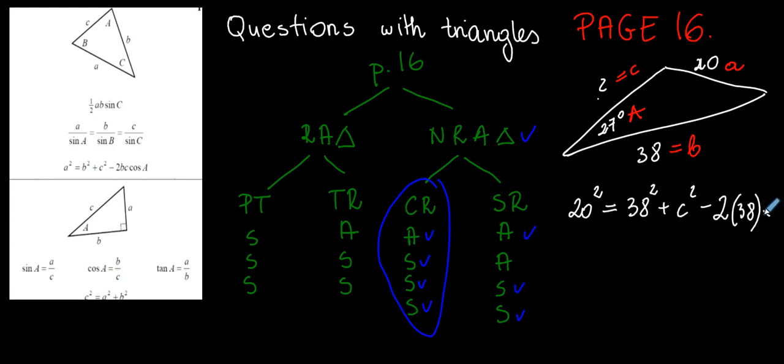I'm just going to write it, multiply here, and then multiply by c. c is the one I'm looking for, so it will remain c, and then multiply by the cos of A, and my angle A is 27. So again, I have an equation with only one unknown, my c, and I can solve it.